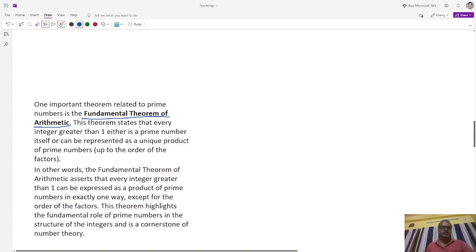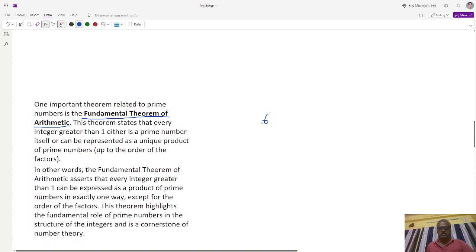This theorem states that every integer greater than 1 either is a prime number itself or can be represented as a unique product of prime numbers up to the order of the factors. Once again, I am repeating, every integer greater than 1 either is a prime number itself or can be represented as a unique product of prime numbers up to the order of the factors. Understand?